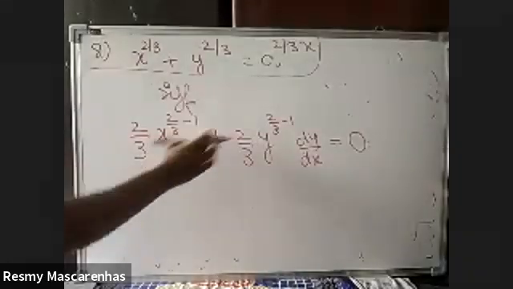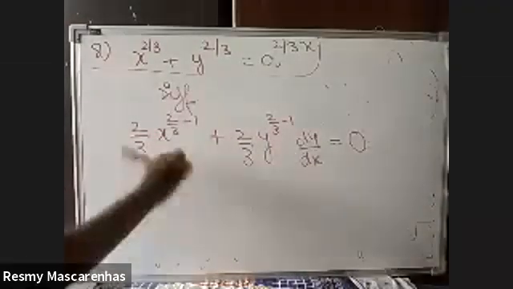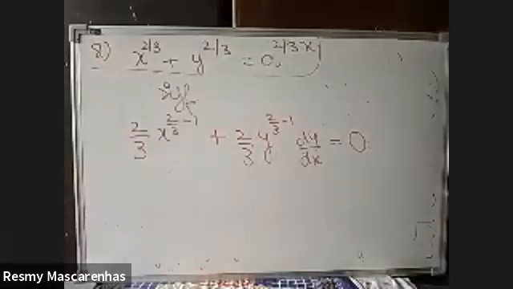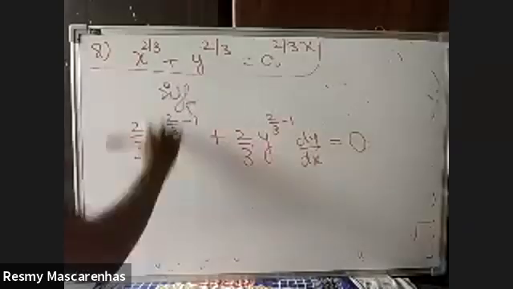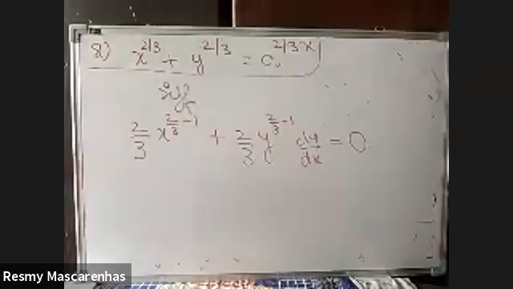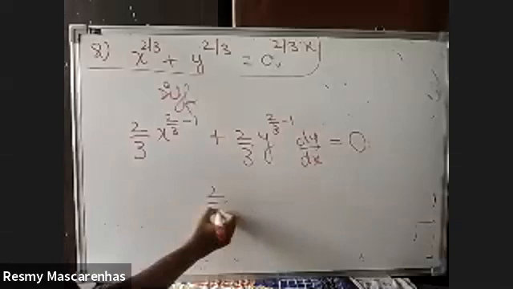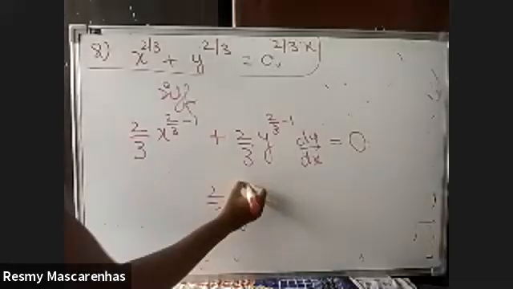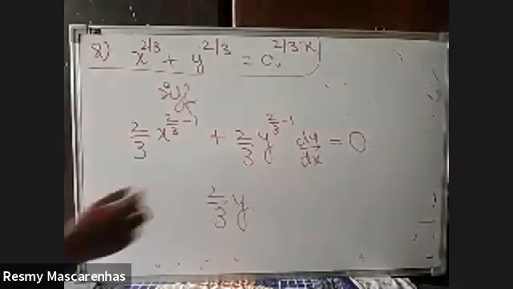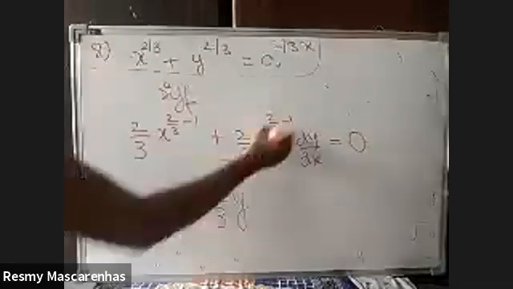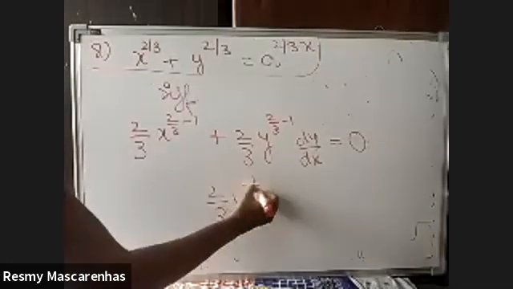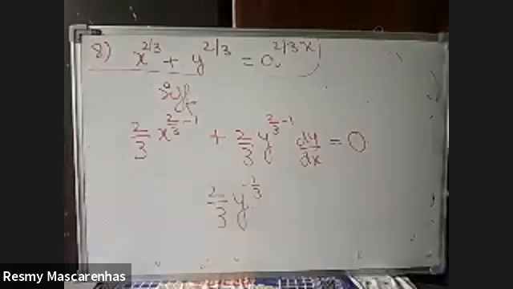Now keep dy by dx, take the other terms on the other side. Only the dy by dx term you keep here, take the other term on the other side. So 2 by 3, when you cross multiply, it will become minus 1 upon 3, dy by dx.